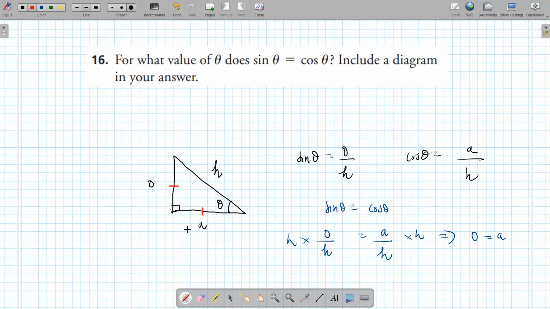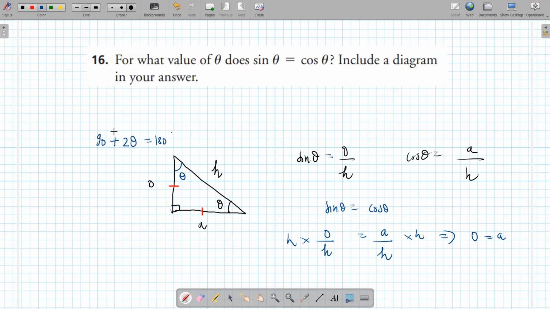What kind of a triangle do we have now? Isosceles. Right. In an isosceles triangle, if two side lengths are the same, two angles are going to be exactly the same. So we know one angle is 90, and we know it's isosceles, so the two other angles are going to be theta, so theta plus theta is 2 theta.